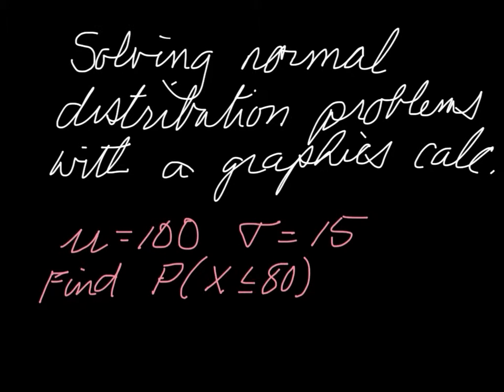So here's our problem, same problem we did yesterday using the table, but now I want to find the probability of x less than 80, and I'm going to use my graphing calculator to do it. As we did before with the standard normal distribution, we're going to use the calculator statement normal CDF.